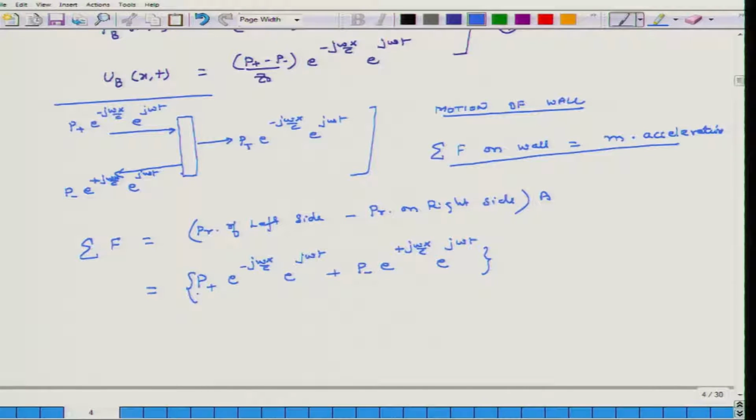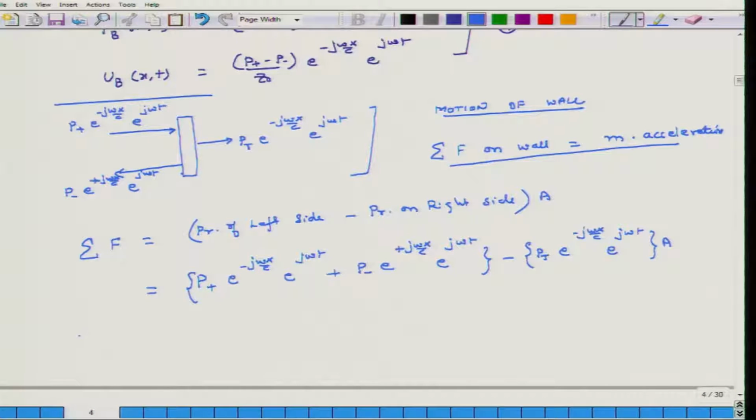This is on the left side of the wall, minus PT e to the power of minus j omega x over c, times e to the power of j omega t, times A. This is the sum of forces, and since these are complex pressures, it will be a complex force.